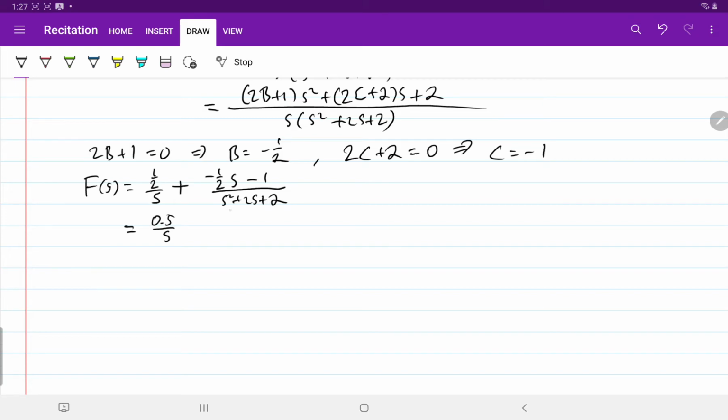And remember that this polynomial here, you can write it as s squared plus 2s plus 1, plus 1, which is nothing but s plus 1 squared plus 1 squared.